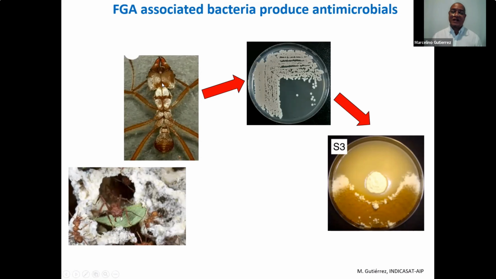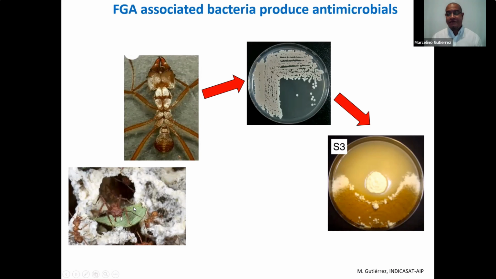We have an ant here, and this black powder that you see here is an actinobacteria that they keep. These are farmer ants that maintain fungi in their nest, and they feed the fungi with leaves. So they are kind of farmer ants.